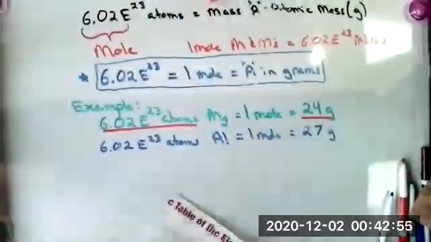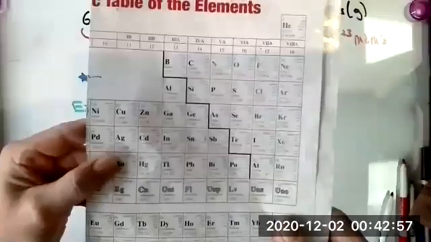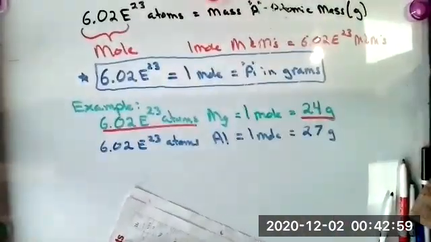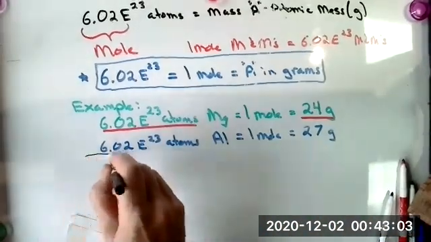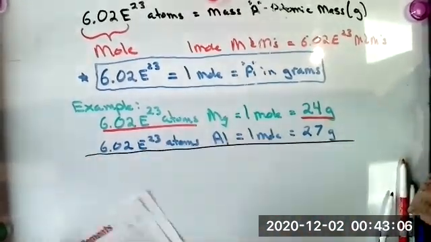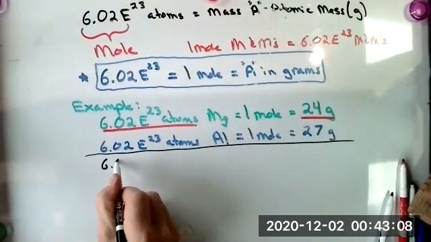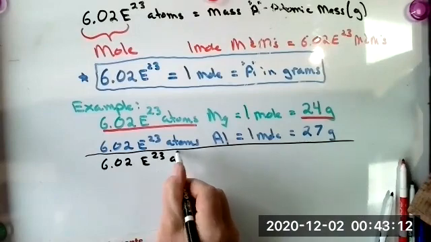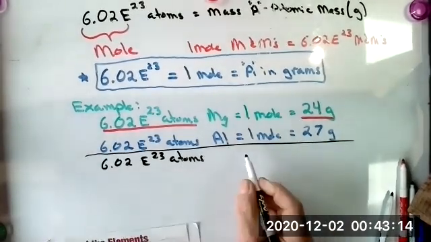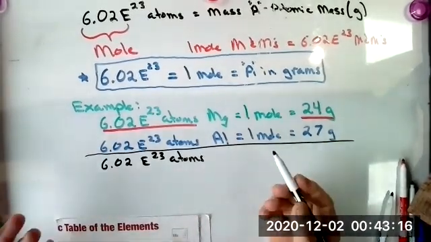Okay. All right, so find your table, and I want you to do this. I want you to tell me if I had this many atoms. Okay, and now I'm going to pick one.